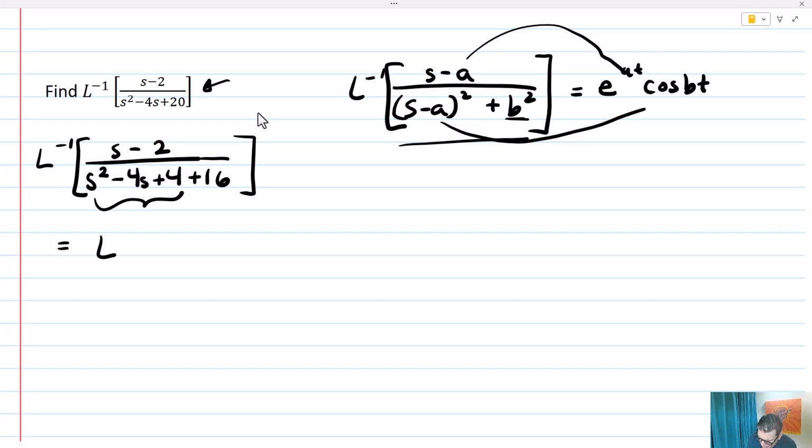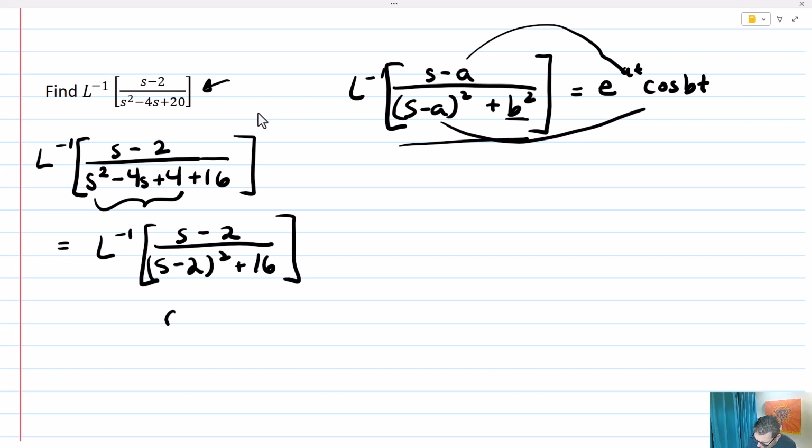So this is the inverse Laplace transform of (s minus 2) over (s minus 2) squared plus 16. So a equals 2 and b equals 4. This implies the inverse Laplace transform equals e to the 2t cosine 4t. You can see that this modification allows us to utilize the first shifting theorem in order to give us our inverse Laplace transform.